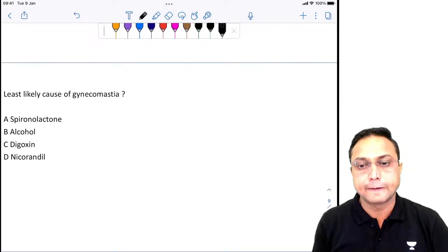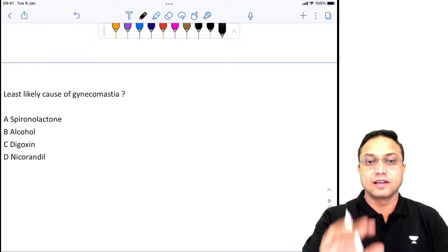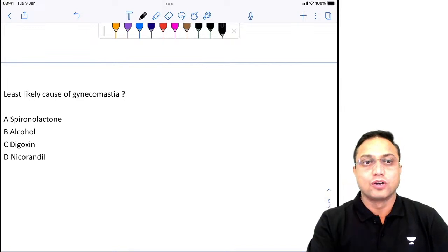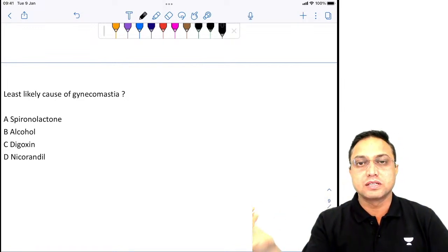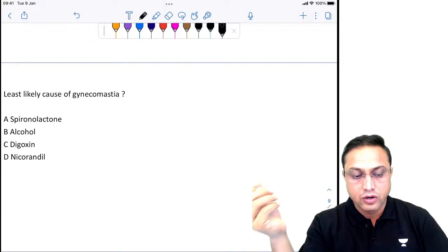Very easy question. So what you have to think is, what are the causes of gynecomastia? What are the drugs causing gynecomastia?